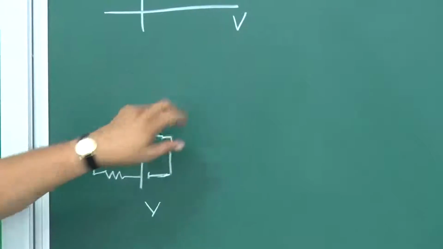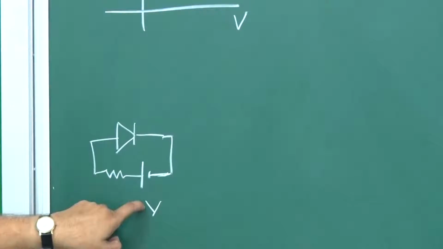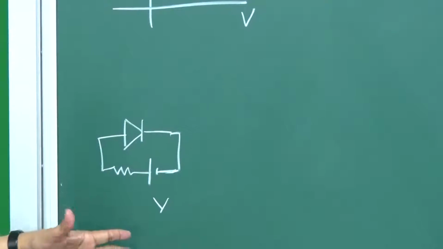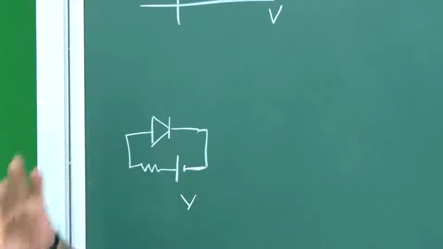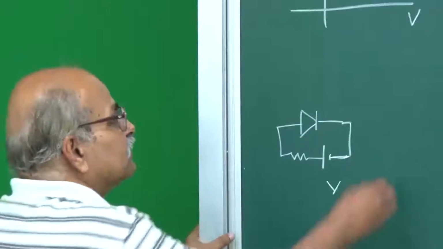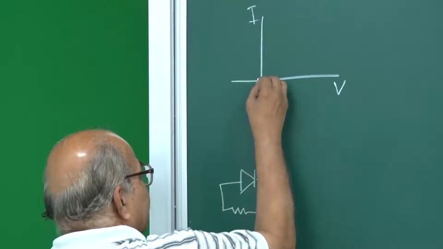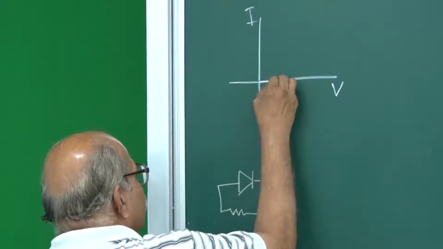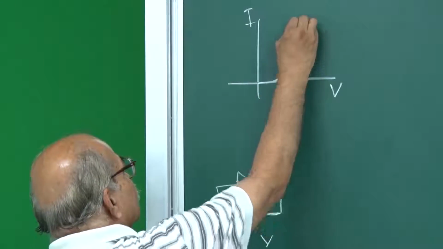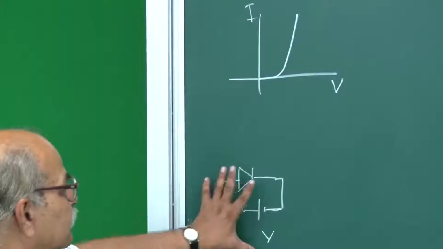It is the potential difference across the p-n junction, not the battery voltage that we are applying, not VCC or VBB, but the voltage across the junction. So if this is V and this is I in forward bias, this kind of characteristic is shown in the case of a p-n junction.